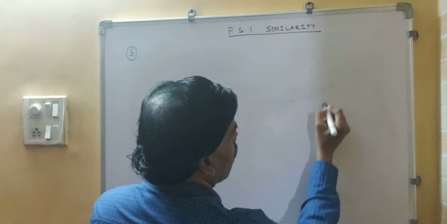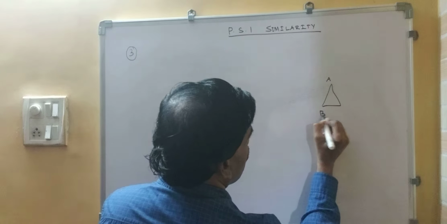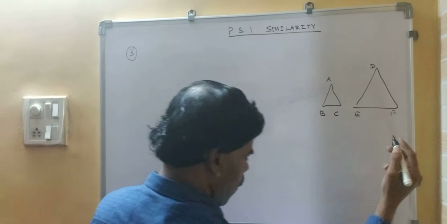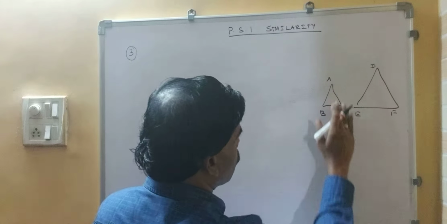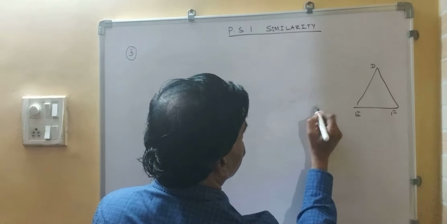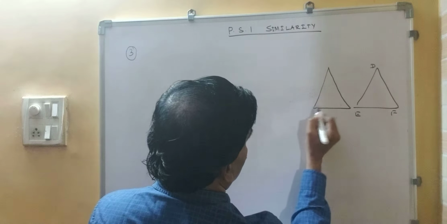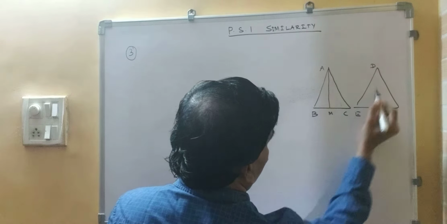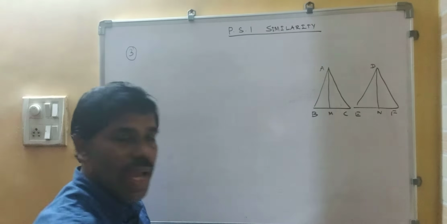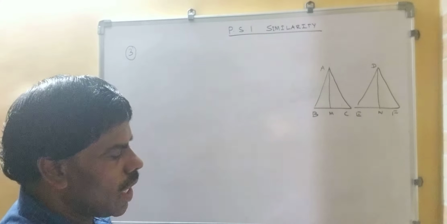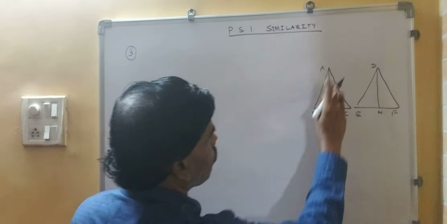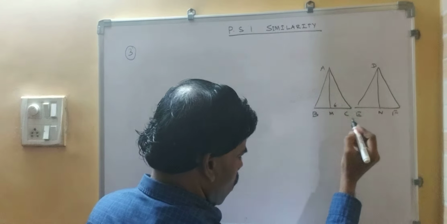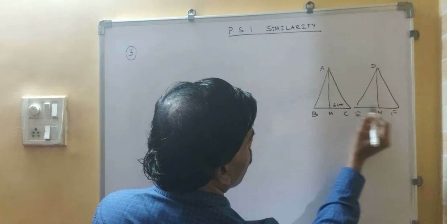So there are two triangles ABC and DEF with equal heights. If the base of the smaller triangle is 6 centimeter, this you have to find out.